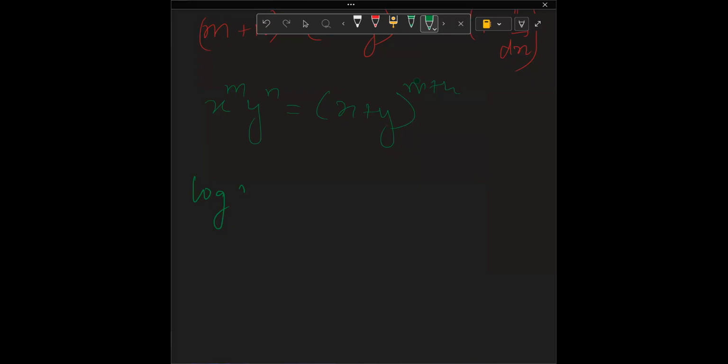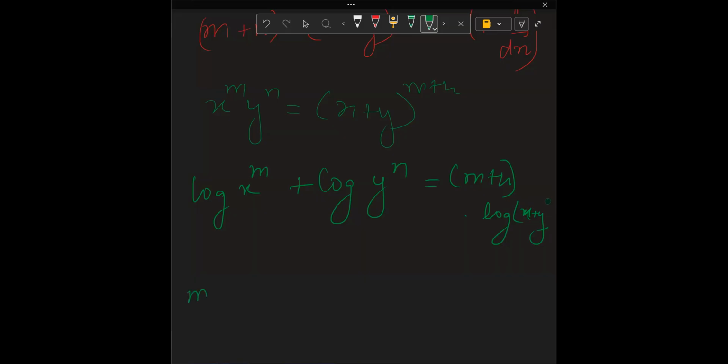Apply the property of log. And in the RHS, this is going to be m plus n into log of x plus y. All right, so this is done with the log thing.